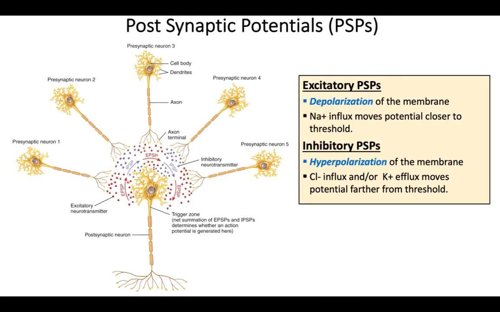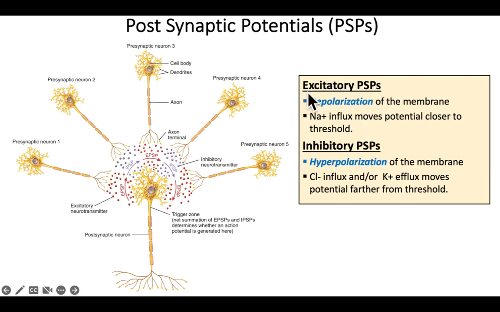Now it gets even more complicated because it's not a simple one neuron to one neuron situation. So here we have many presynaptic neurons influencing one postsynaptic neuron. And not all of these neurons are stimulatory. So we've got this idea of excitatory versus inhibitory.